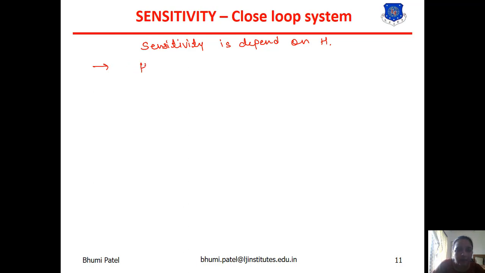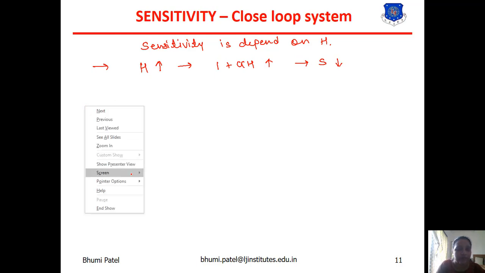So whenever the value of H is increased, the value of 1 plus GH increases, so the sensitivity decreases.